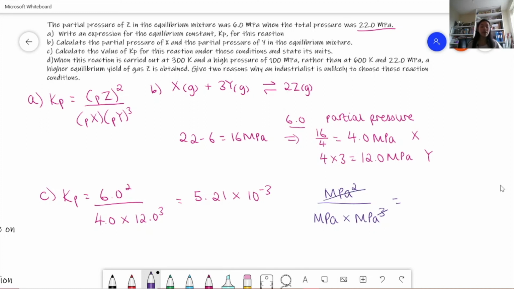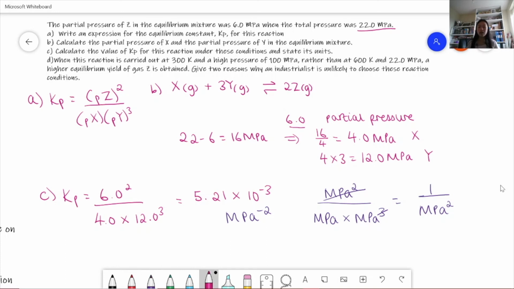So then we're left with 1 over megapascal squared. And so the units are megapascals to the minus 2 because we've got 1 over the megapascals squared.